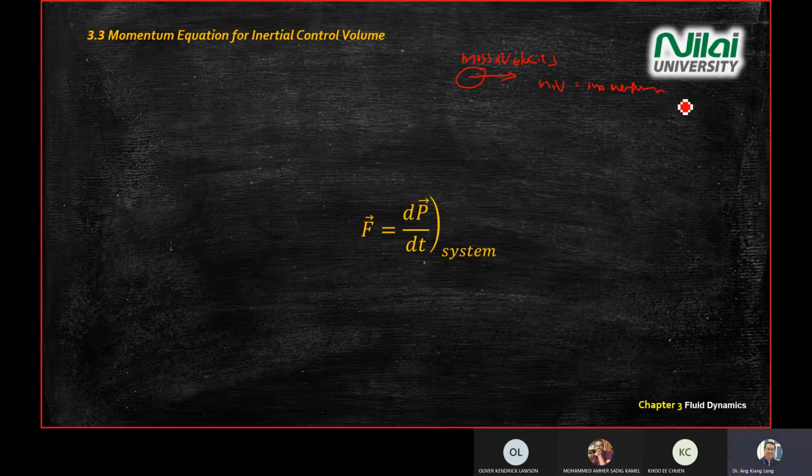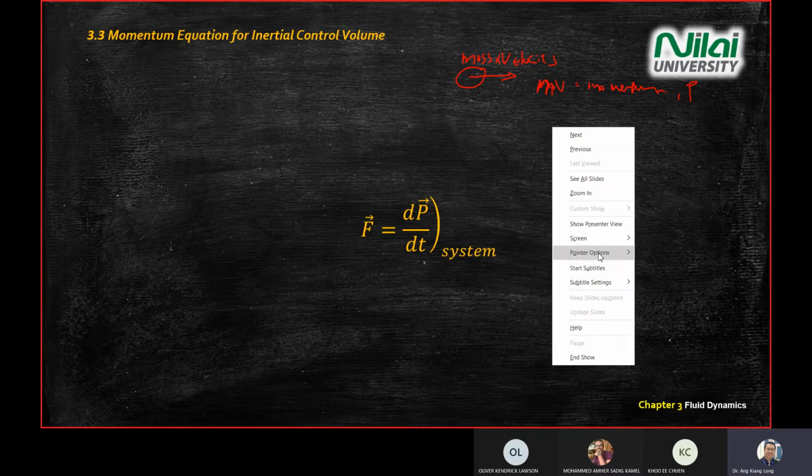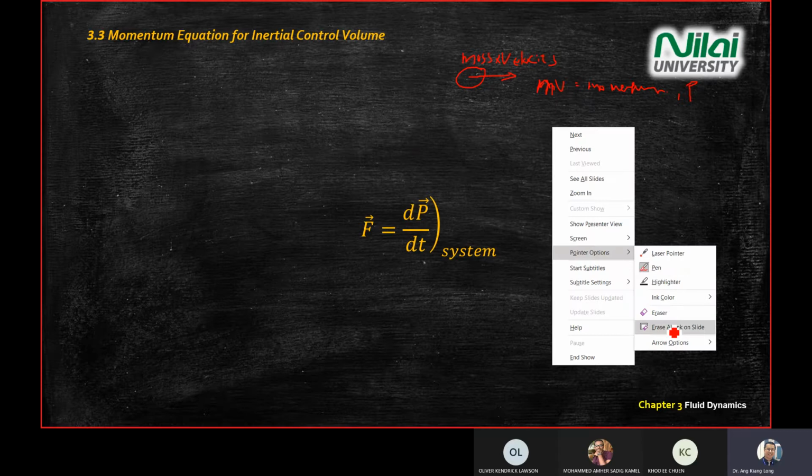In this chapter, we'll use the letter P for momentum. Just recap what you learned in your physics. Then today we're going to put everything in one formula.